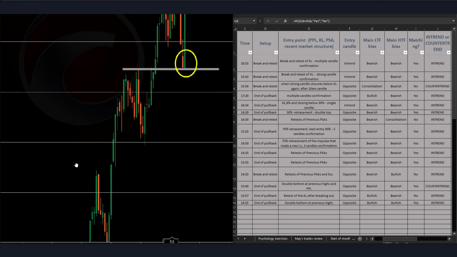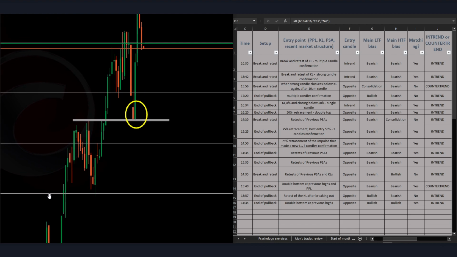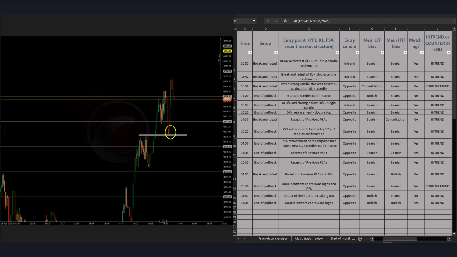I don't know if we had any news or whatever, but as you can see, we are going in a very strong bullish trend. Break and retest, break and retest. So this entry is quite risky because it's not at any PPL, but it's probably a 50% of this overall bullish movement, or probably 60, or probably 61.